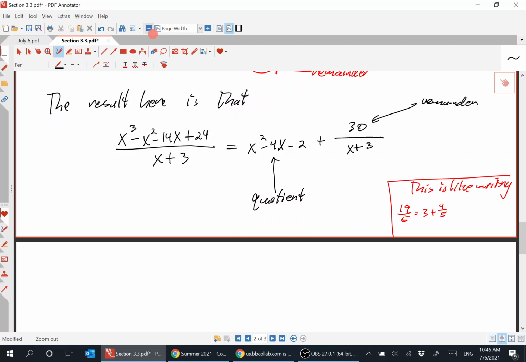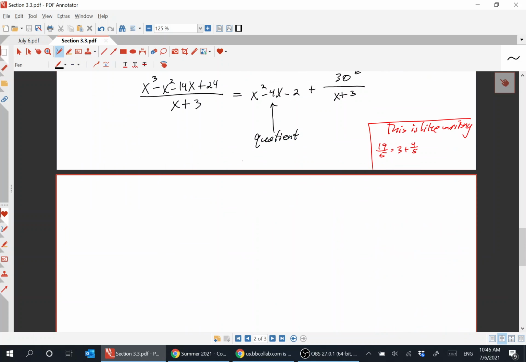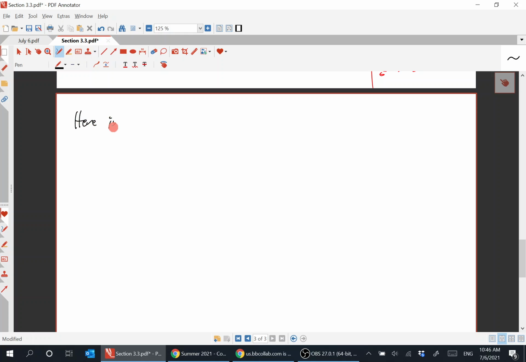All right, let's try a different example. Let's try that same polynomial, x to the third minus x squared minus 14x plus 24, divided by, let's say, x squared plus 2x plus 1.